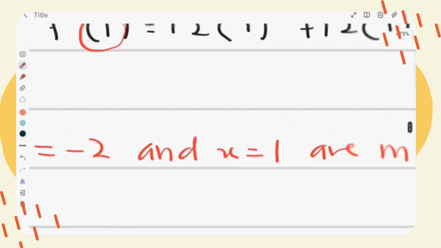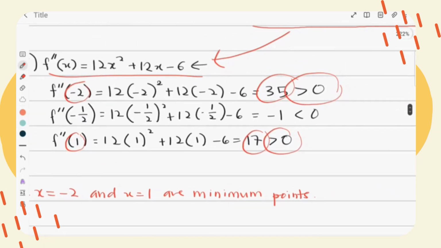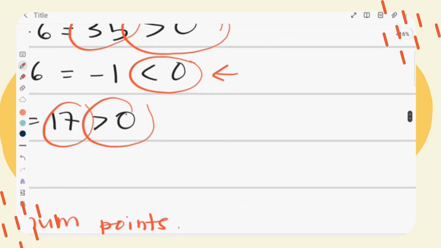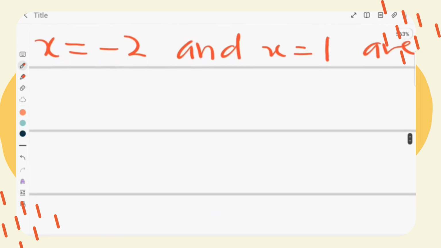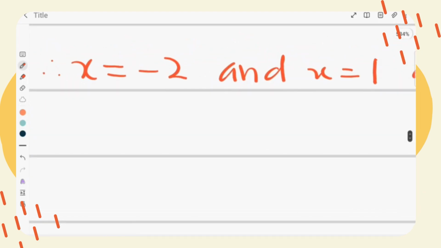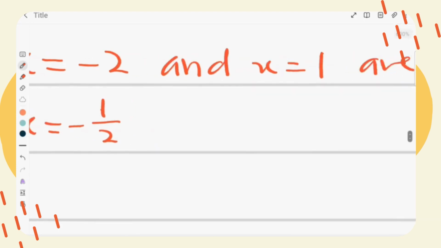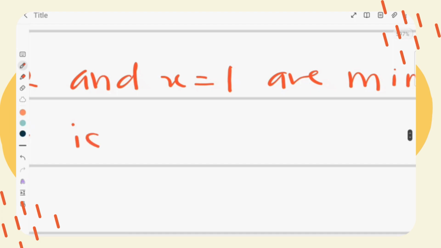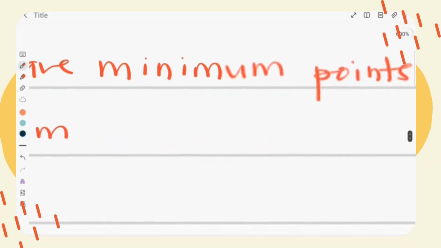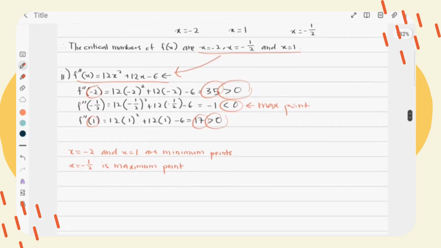And we also know if we get an answer less than 0, this is a maximum point. So we write the conclusion: negative half is a maximum point. That's it. So this is our answer for this question.